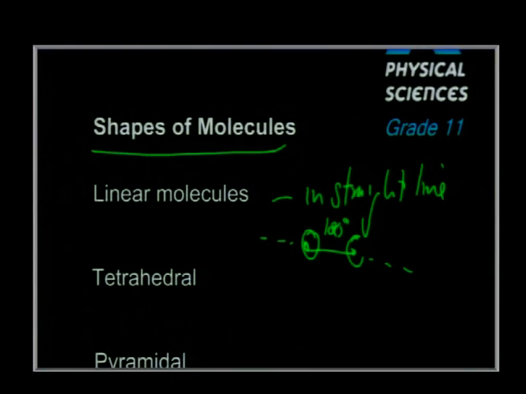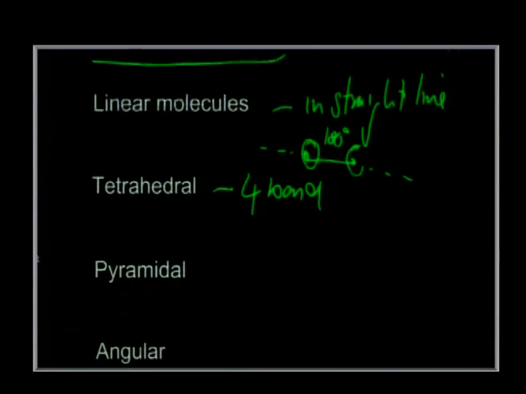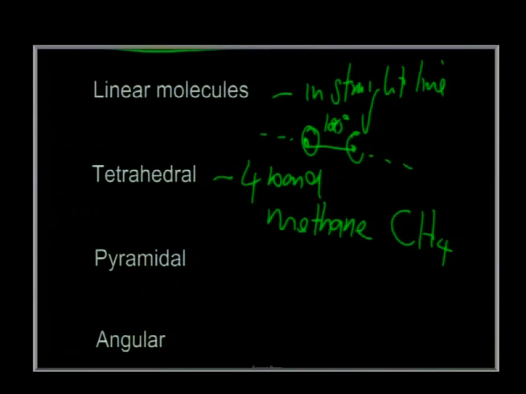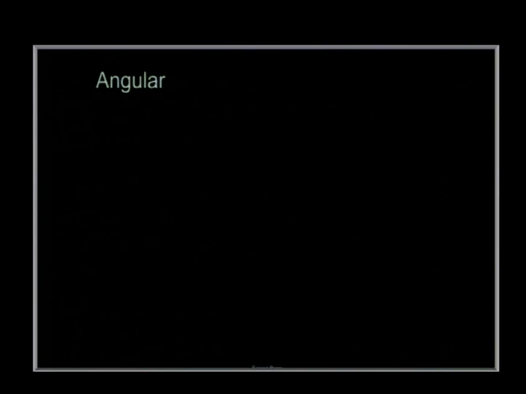So what we're going to say here is tetrahedral involves 4 bonds, and the most common example we're going to look at with tetrahedral is methane. Methane is CH4. I want you to understand something about methane.